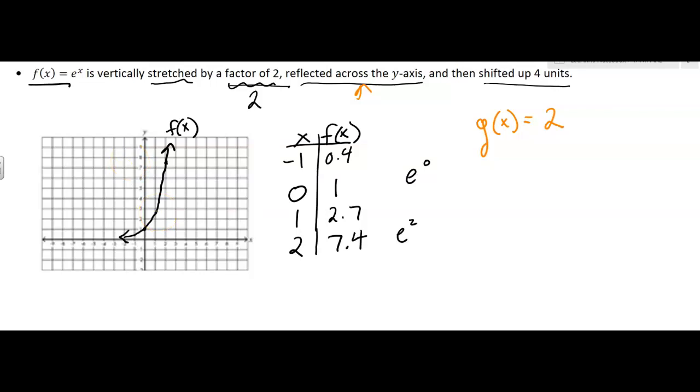So 2 times 2.7 is like what, 5.4? So it's going to be up here. And I wasn't going to graph it. Oh, it's off. It should be the next one over.